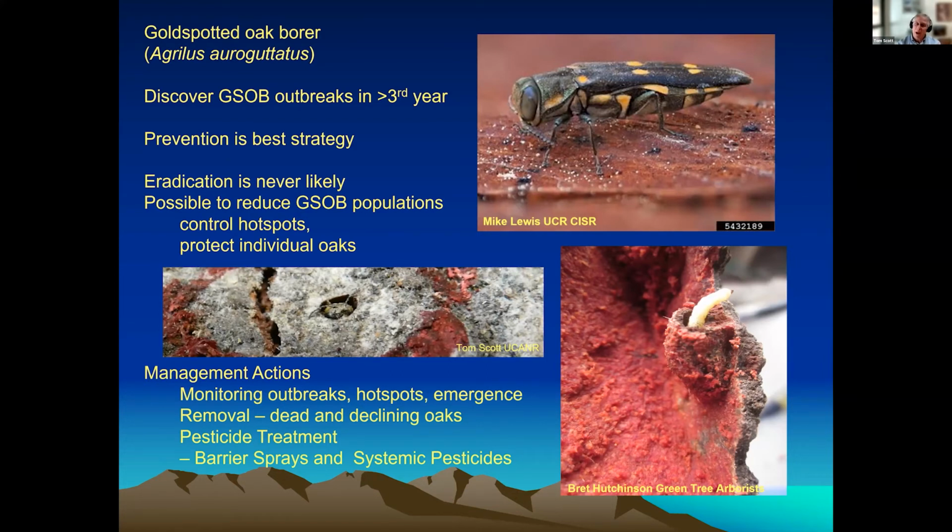And those management efforts include removal of dead and declining trees, pesticide treatments, which include barrier sprays and systemic pesticides. And those really are the three tools that we have, and sort of monitoring trees so we can decide how to assign trees to what category and then work their treatments after that.